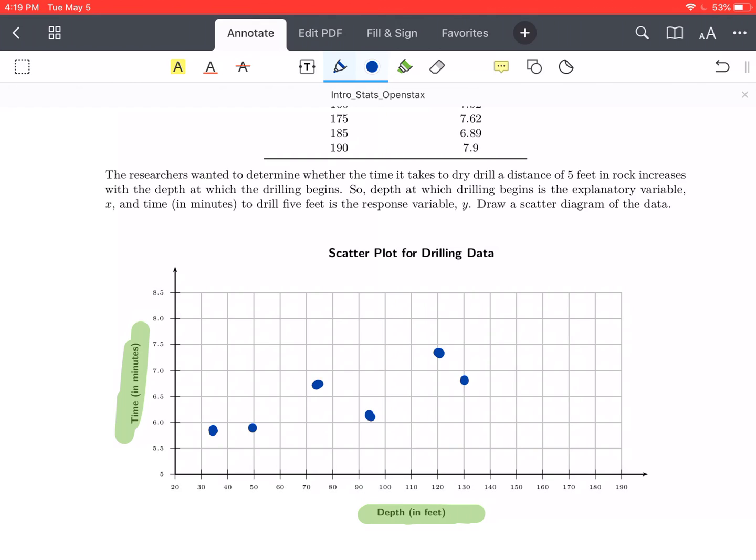You can see it does take a little time to fill in these scatter diagrams, especially when you've got more data. 175, 7.62, right about there. 185, right about there. 190, right about there.